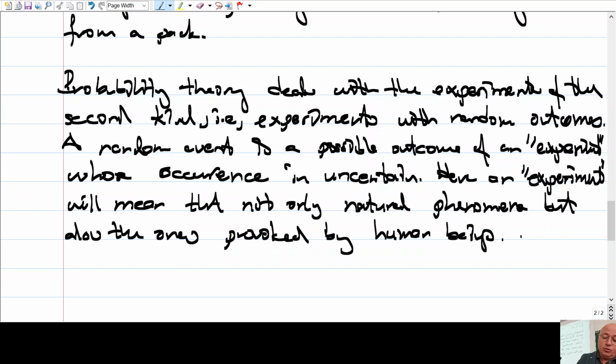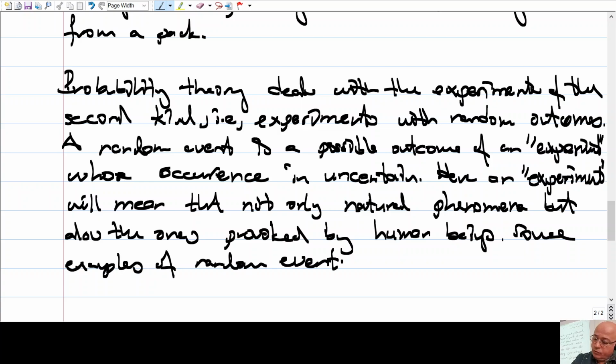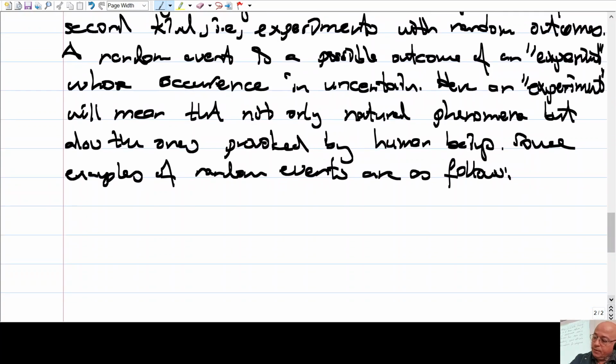So some examples of random events are as follows. The weather in a future time, right?